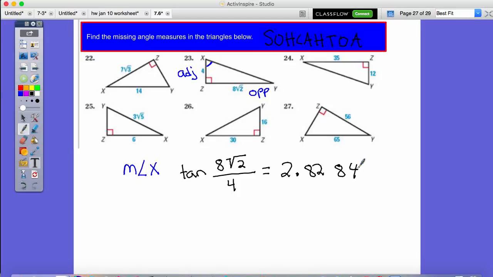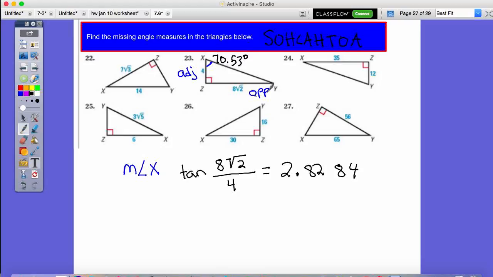Leaving that all on my calculator, second button, and since I'm using tangent, press tangent, and I get 70.528. So I'm going to round that to 70.53 degrees. I'm not going to get so picky right now if you rounded that to 71 or 70.5. I'm going to be a little exact with my decimals because it helps me better check my answer.